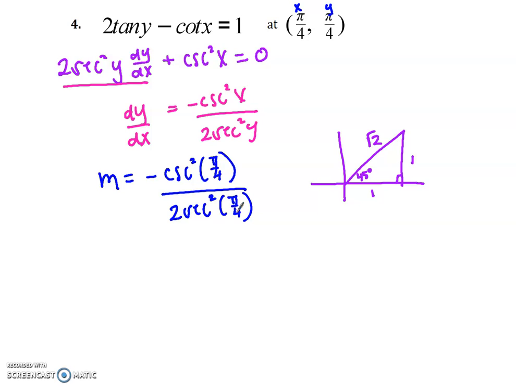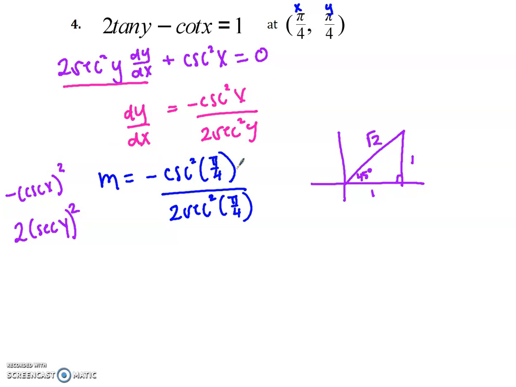So here I'll find secant, then I'll square that value, and then I'll multiply it by the 2. So when your trig functions are squared, find the secant value first, then square it, then multiply it by 2. Same thing with the cosecant. It's only the cosecant value that's squared, and then you multiply it by a negative.